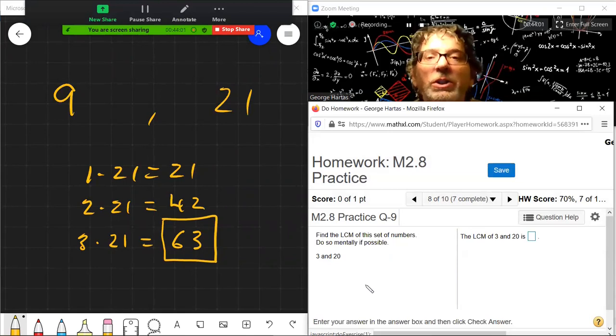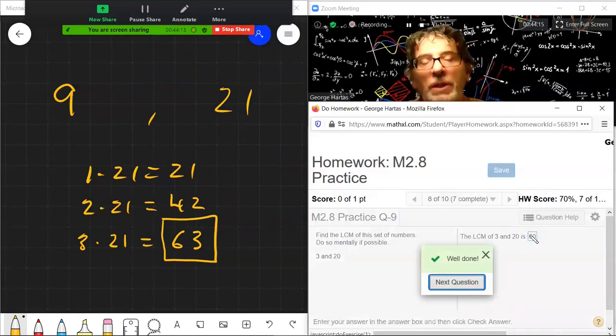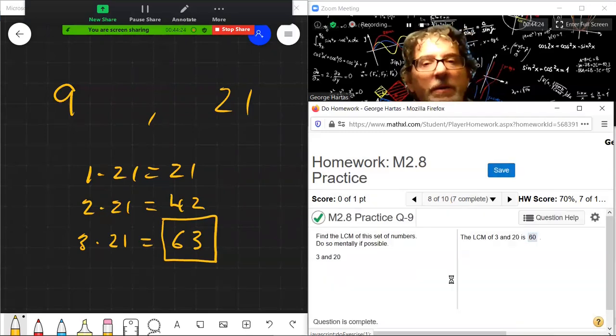Does 3 go into 60? Yeah. 3 goes into 60 20 times. Now, you don't have to do it mentally, like they say, but sometimes you can. This is a kind of big number and hard to do mentally, but if you can, go for it.